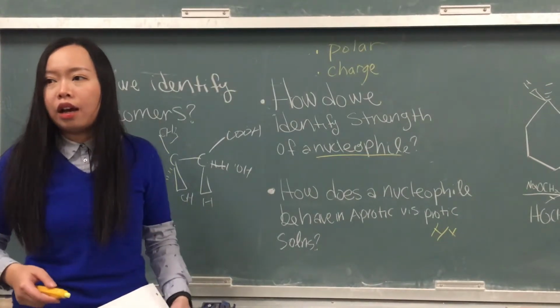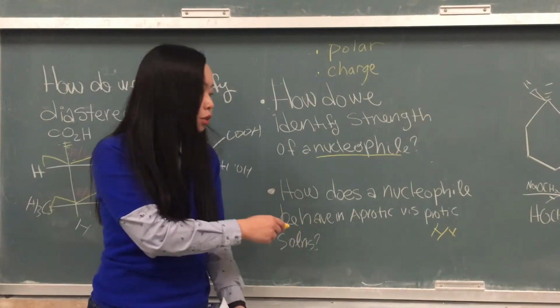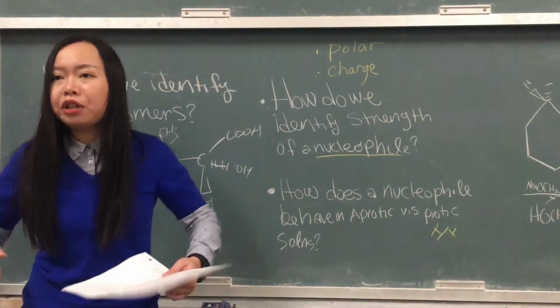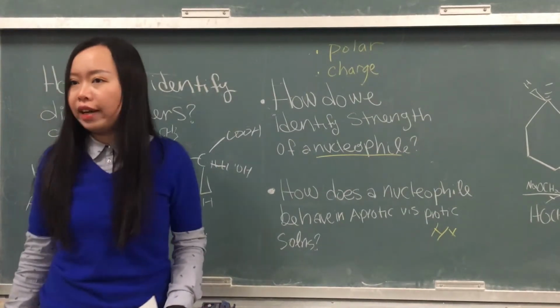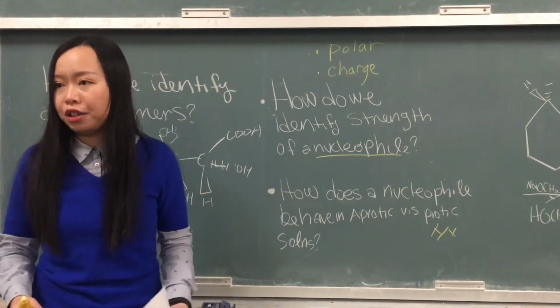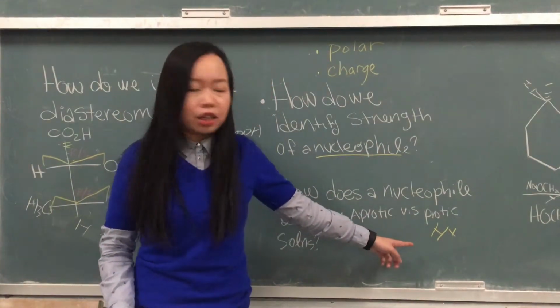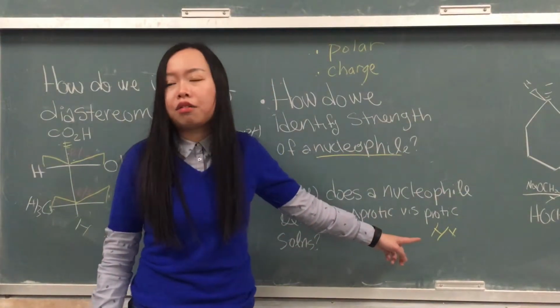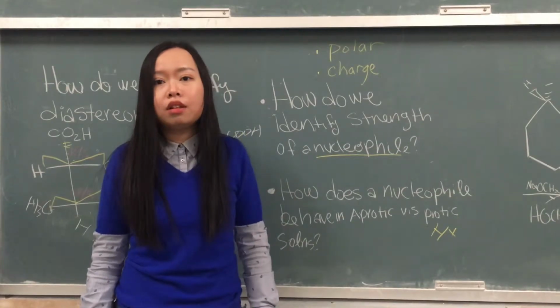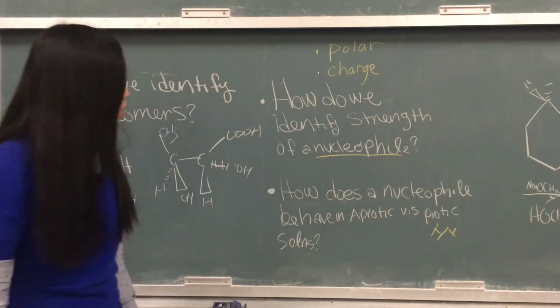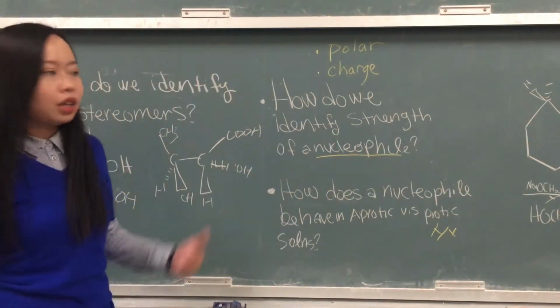In a polar aprotic solvent, where I don't have that hydrogen floating around, my nucleophile just goes to attack my center or grab the hydrogen. Otherwise, if I have this, either the base or nucleophile is going to grab this one directly instead of the partial positive carbon. So it hurts my reaction. Did I answer this too? Good. Okay.